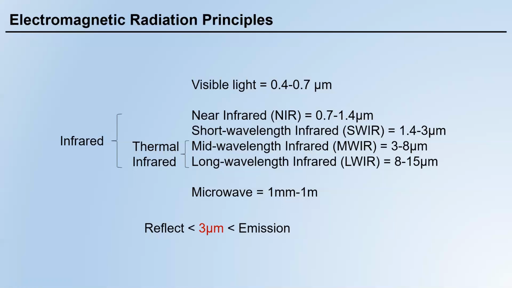It is a form of thermal energy. That's the reason why infrared radiation that has a wavelength longer than 3 micrometers is called thermal infrared. Okay, so that's the difference.